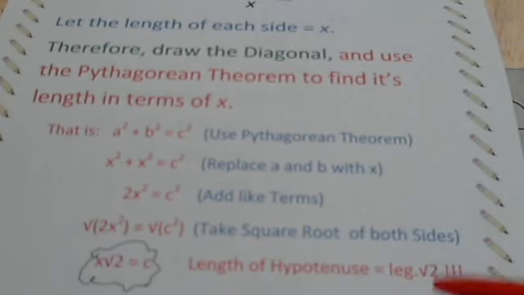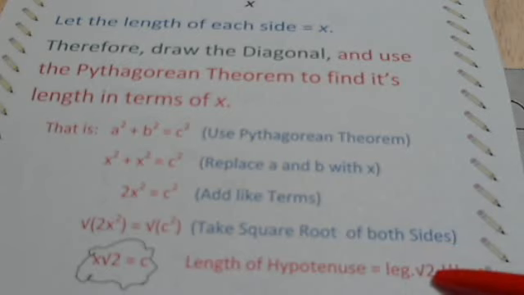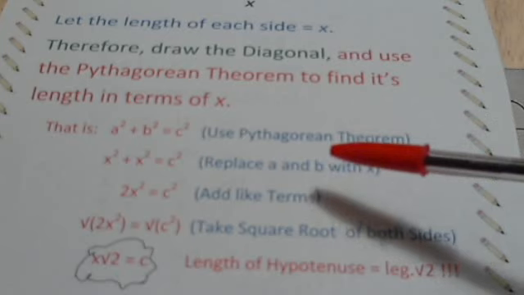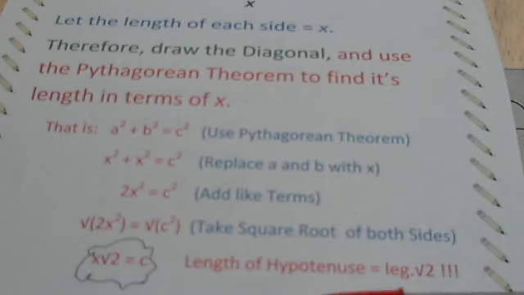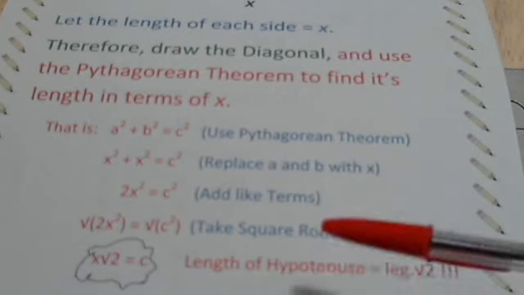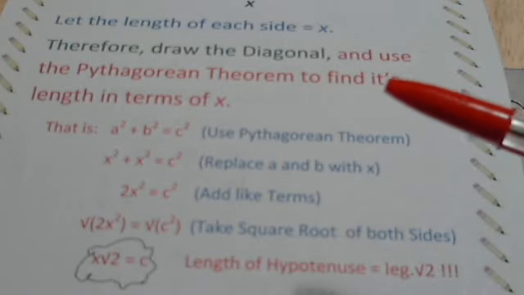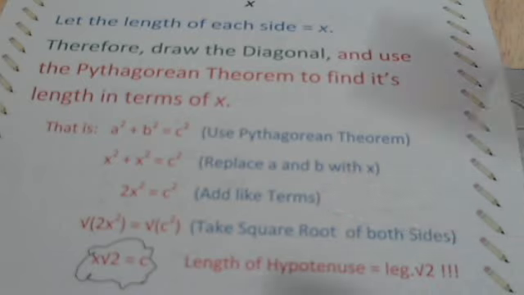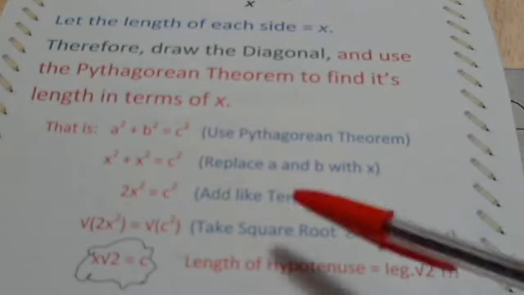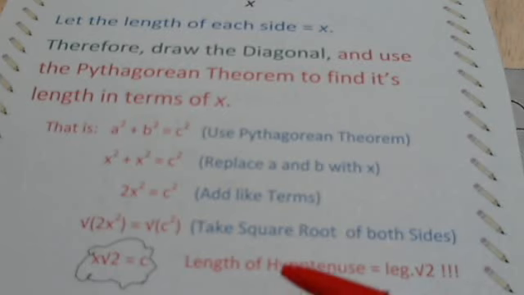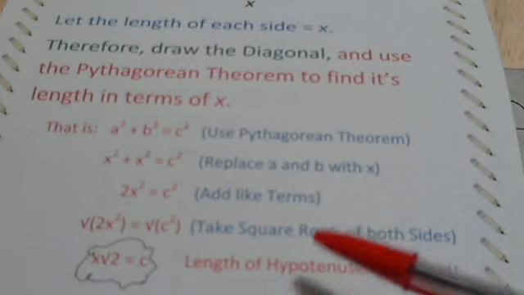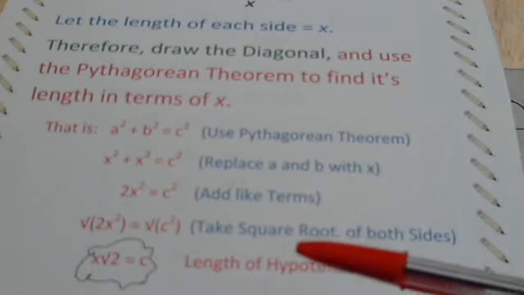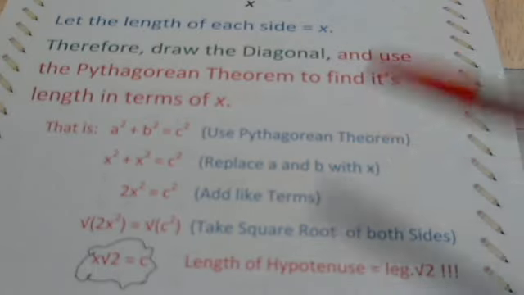Hypotenuse is equal to the leg times the square root of 2. Now this is the fundamental concept for the 45, 45, 90 degree triangle. Do you understand? I'm going to show you that you don't have to use the Pythagorean theorem every time when you're using the 45, 45, 90 degree triangle.